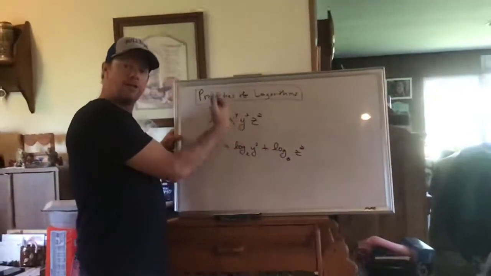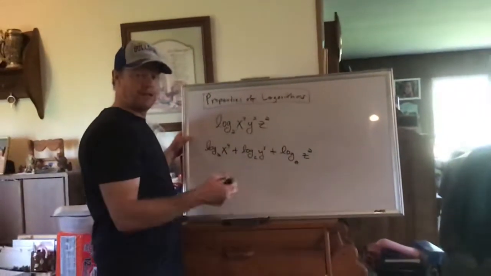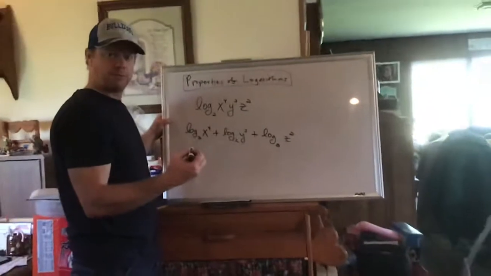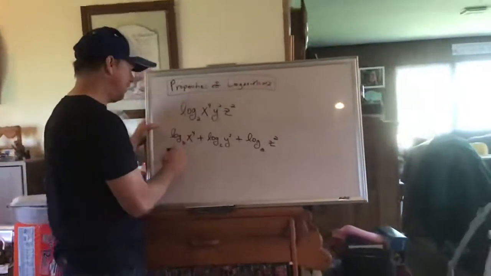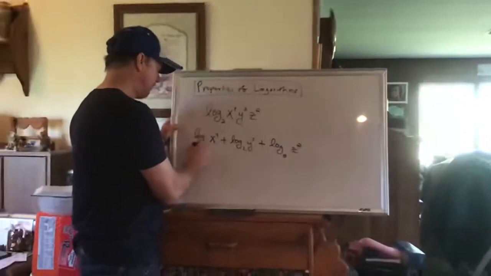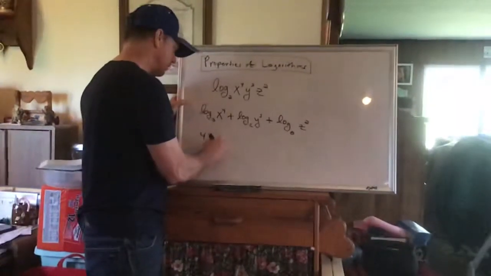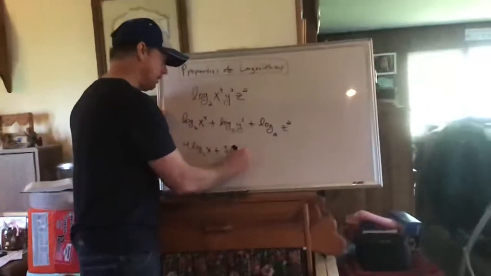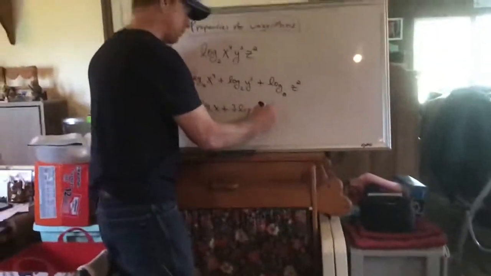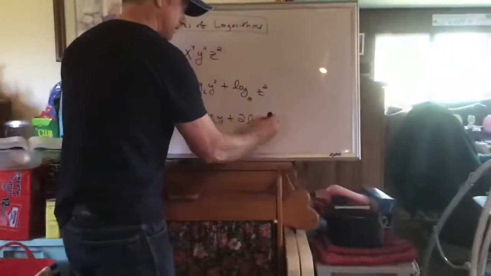So I sent the product to addition, and now we have exponents. And what does the power rule say we can do with exponents? Any exponent can be thrown out front of the log. So this exponent of 4 is going to get thrown out front, so we're going to have 4 log subscript 2 of x plus 3 log subscript 2 of y plus 2 log subscript 2 of z.